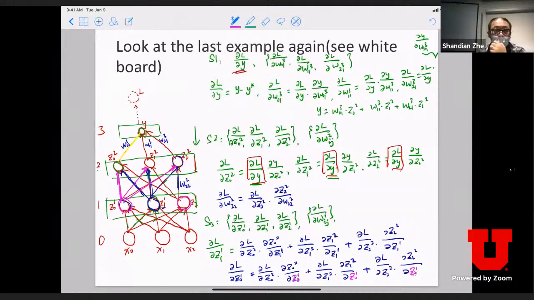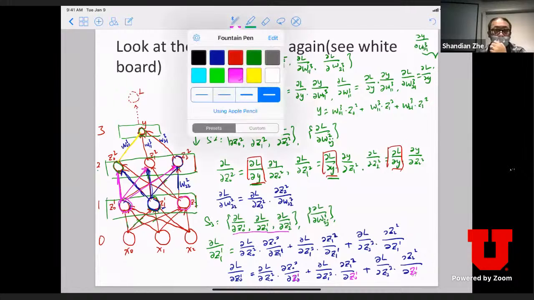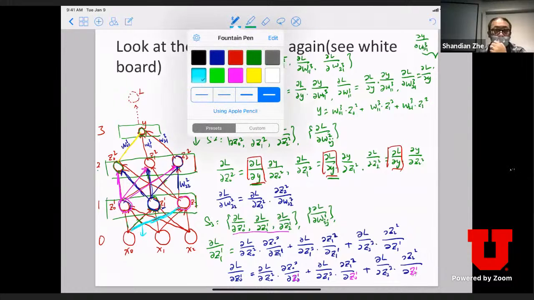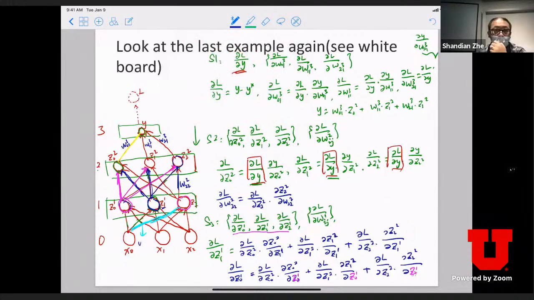Again, suppose you have obtained all the partial derivatives with respect to the neurons in layer 1. How do we compute the partial derivatives with respect to the attributes? I'm going to use another example to emphasize. Suppose I want to compute the attribute here, denoted by W021.